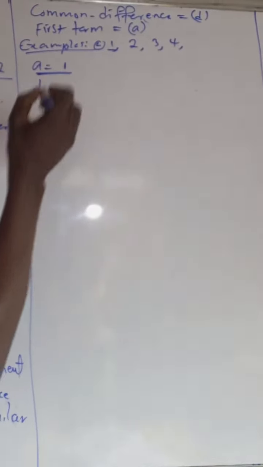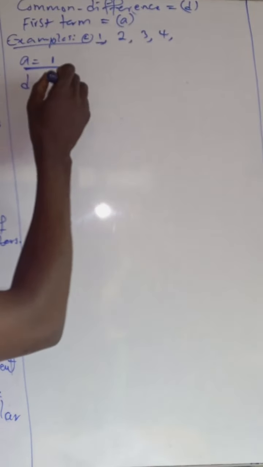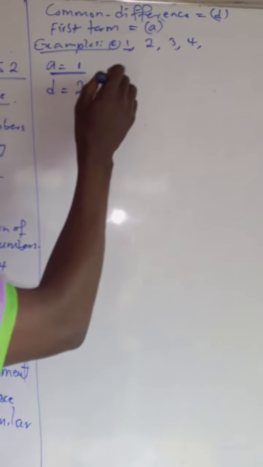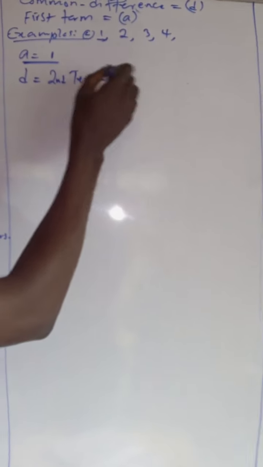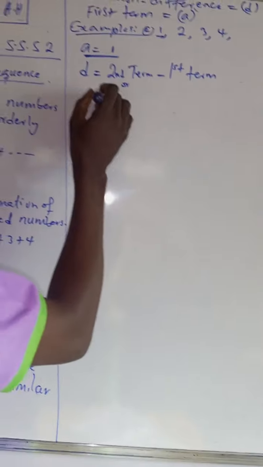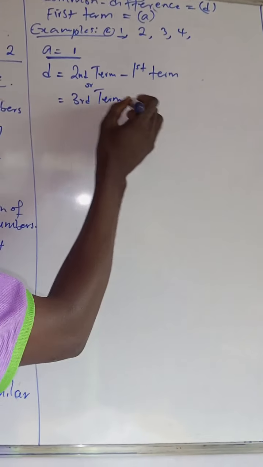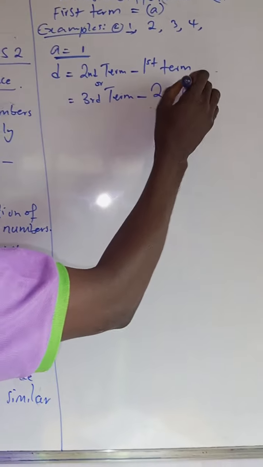Now our D, the common difference, will be the second term minus the first term, or the third term minus the second term.